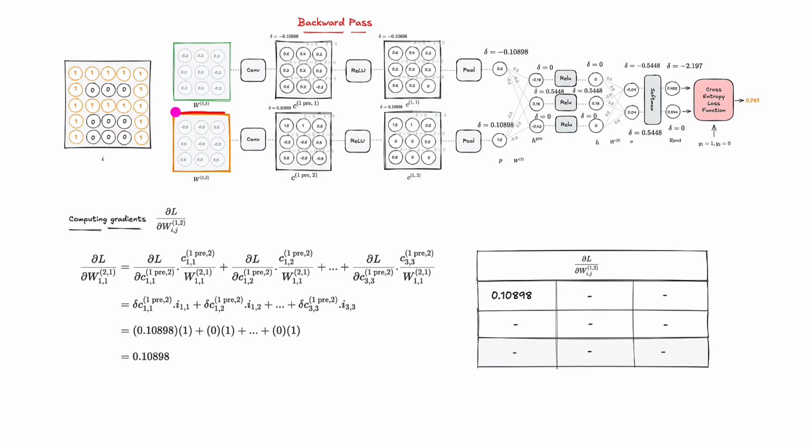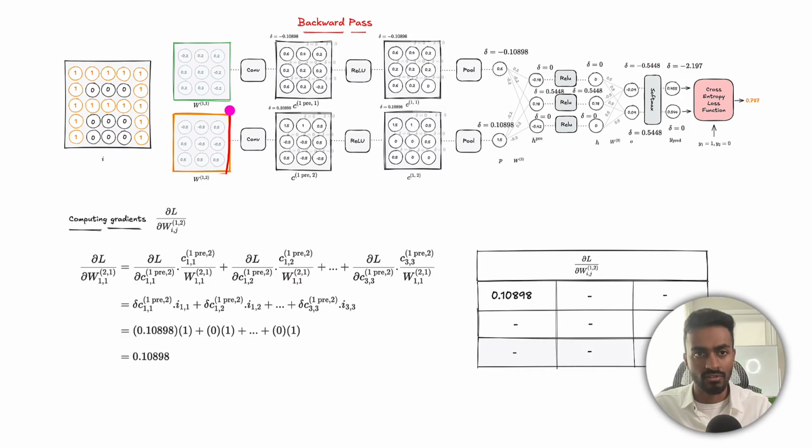Next, we do similar kinds of computations for this convolution layer here. So how does changing this neuron affect the loss? Well, it's how changing this neuron affects each of these neurons times how each of these 9 neurons affects the loss itself, right? And that effect is going to be captured right here in this statement.